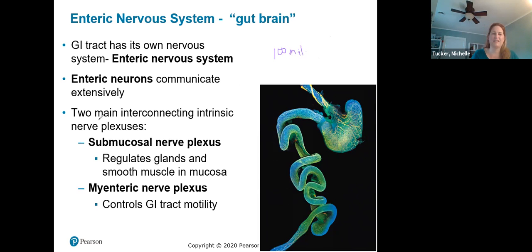There are two nerve plexuses. Okay, so the nervous system of the digestive system is called the enteric nervous system. There are two nerve plexuses in the enteric nervous system.